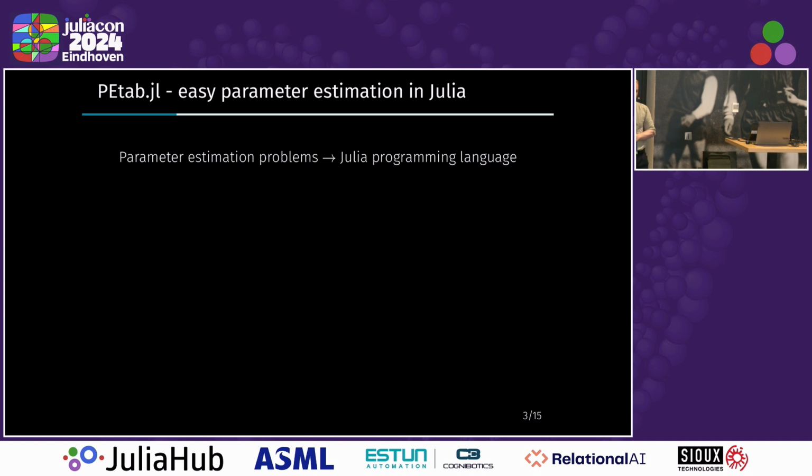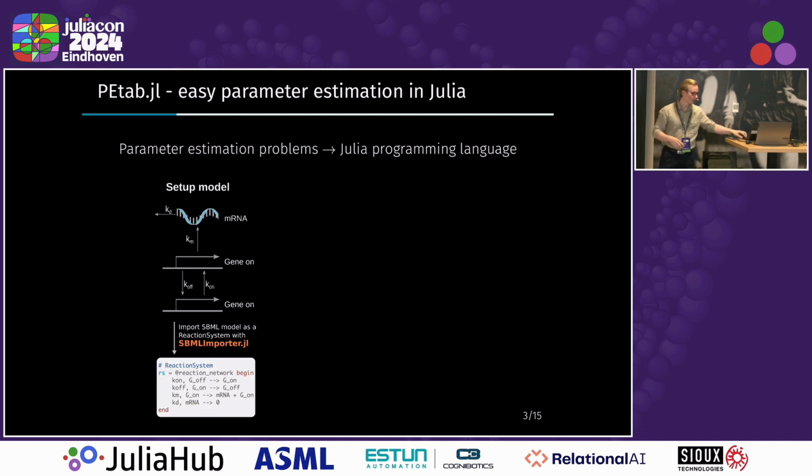So PEtab.jl is a package for creating cost functions or objective functions in the Julia language. And we want to make it accessible to people who are working in Julia, but also those who are working outside, which means that when it comes to the models, we allow users to provide their dynamic model as a Catalyst reaction system, an ODE system, or an SBML file.